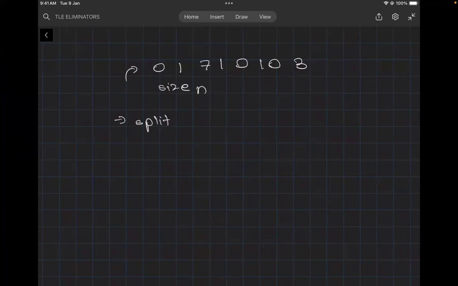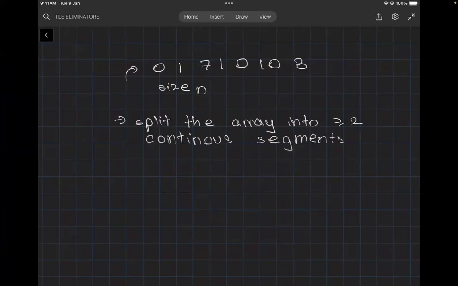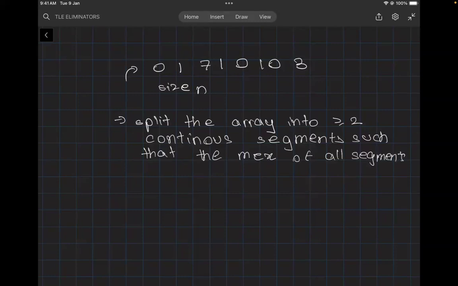Split the array into greater than or equal to 2 continuous segments such that the max of all segments is the same.